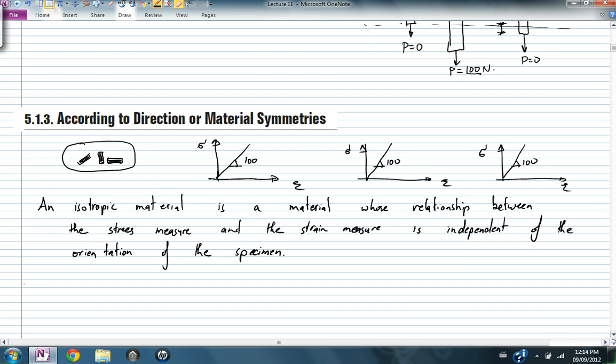So if the response depends on the orientation, the material is called anisotropic.